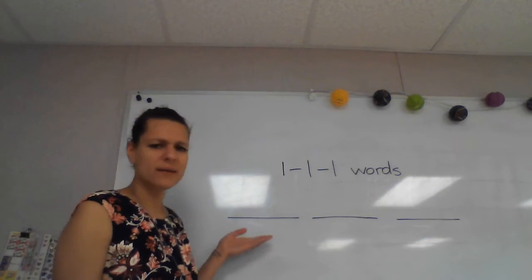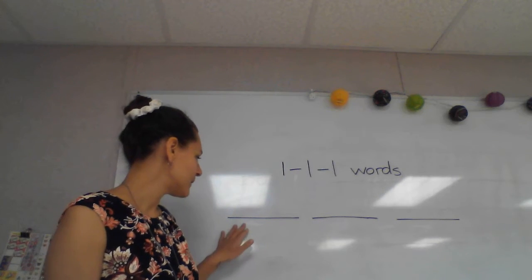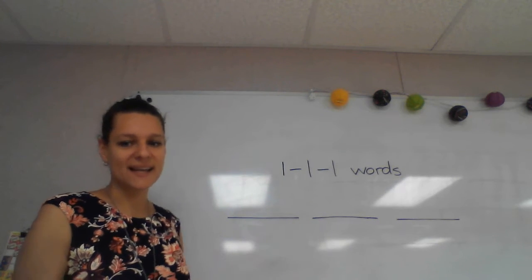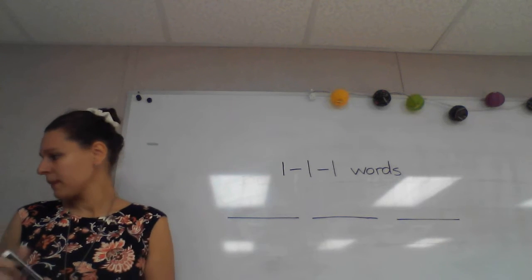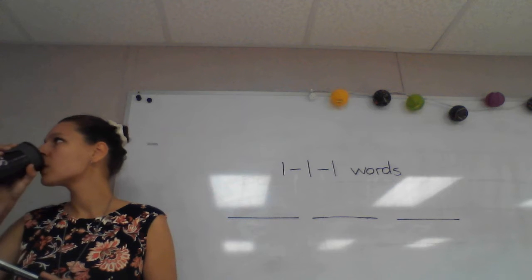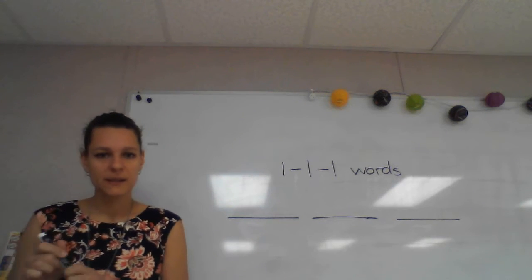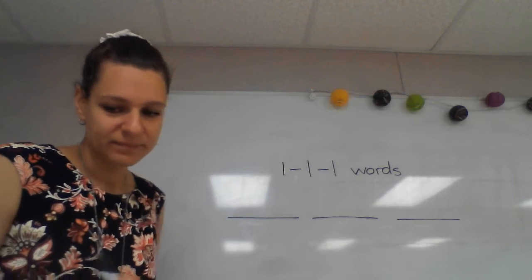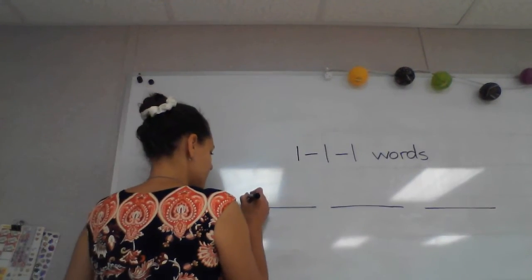All right, what was our 1-1-1 word that we had today? Good, zip. Go ahead and write zip on the first line. All right, so on our first line, we've got zip.